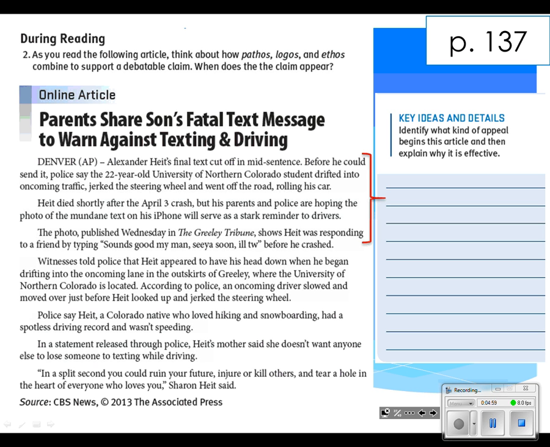Just those first three pieces? Go for it, please. Denver AP. Alexander Heights' final text cut off in mid-sentence. Before he could send it, police say the 22-year-old Northern Colorado student drifted into oncoming traffic, jerked the steering wheel, and went off the road, rolling his car.